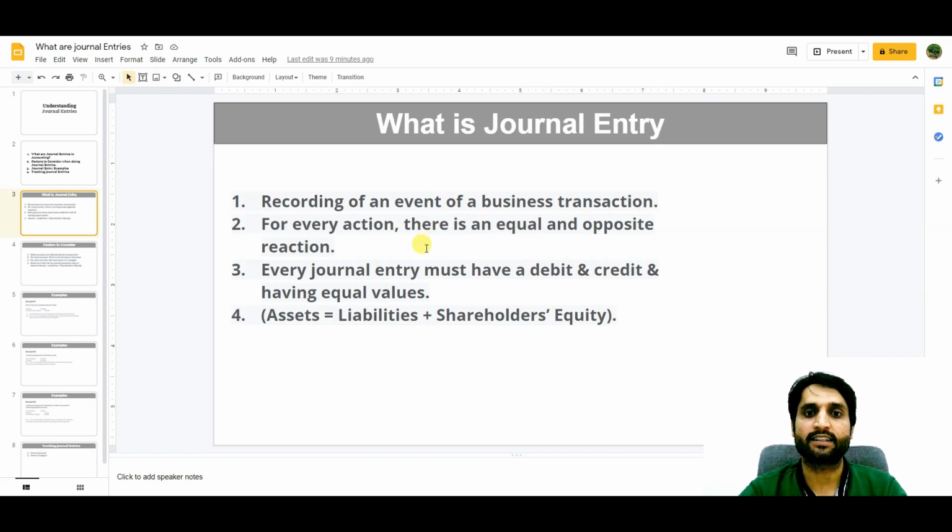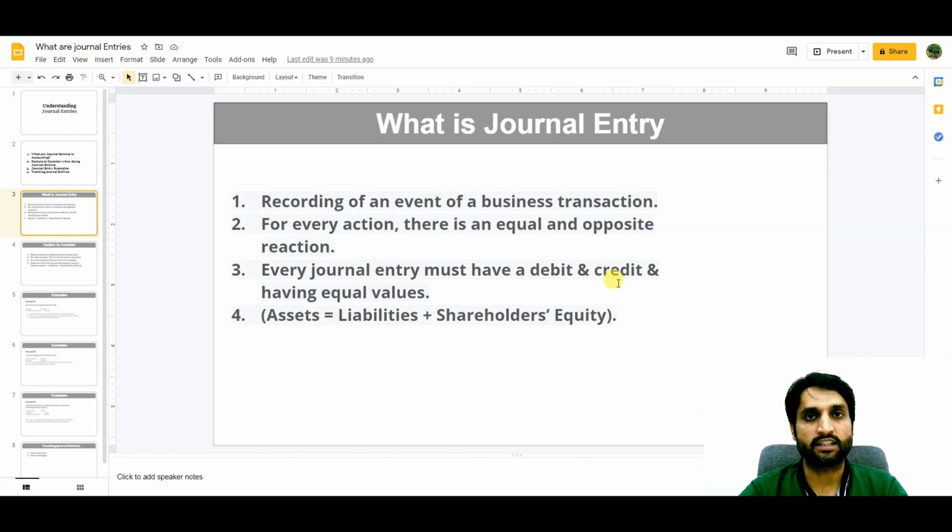Now, for every action there is an equal and opposite reaction. What does it mean? When we are buying anything, we are paying cash, and against paying cash we are getting something. So there is an action which has an opposite reaction. Every journal entry must have a debit and credit of equal values. Debit and credit are the rules of accounting.